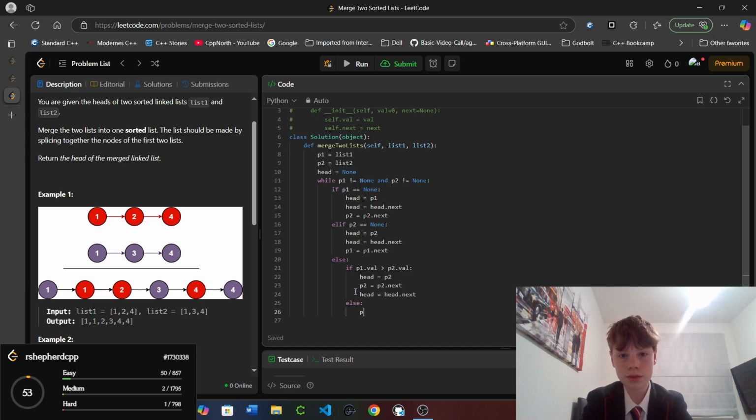Okay, so we need to... so head equals this node minus 1.